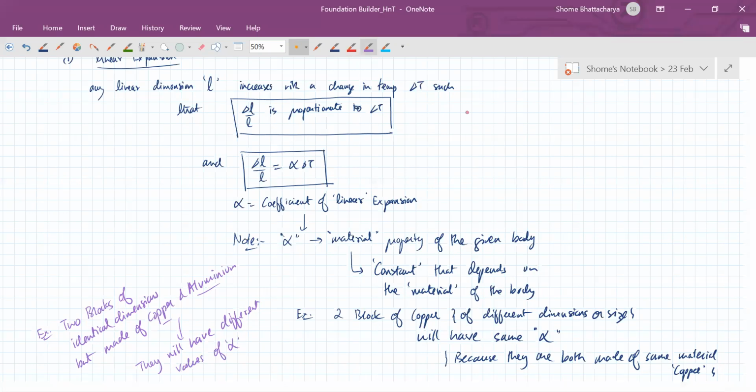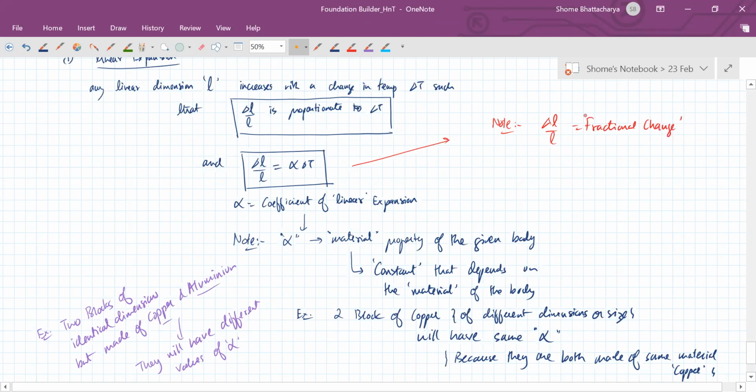So that's one thing. Now the other thing to note in this is that delta L by L is a fractional change in length. So it is a dimensionless, or unitless, quantity.